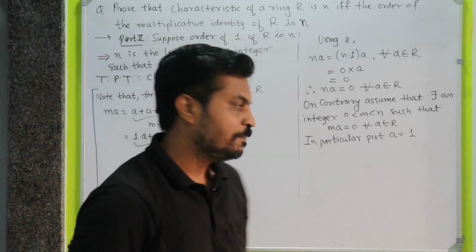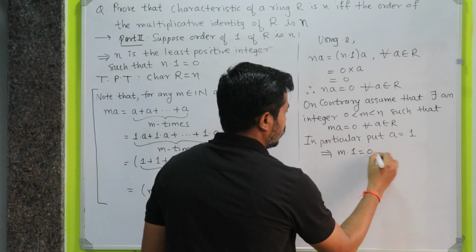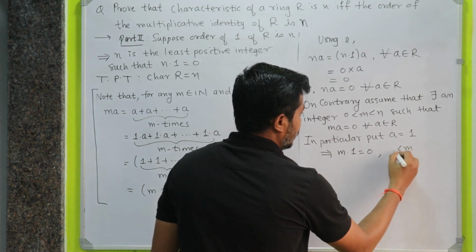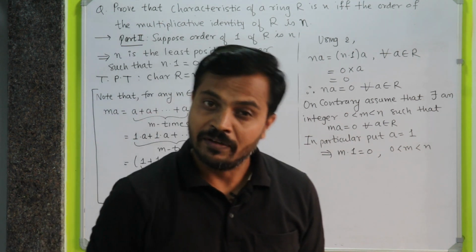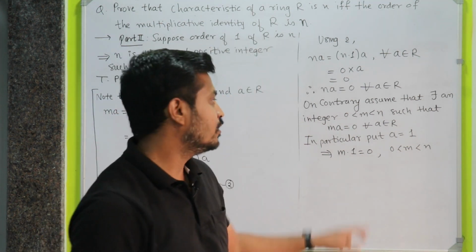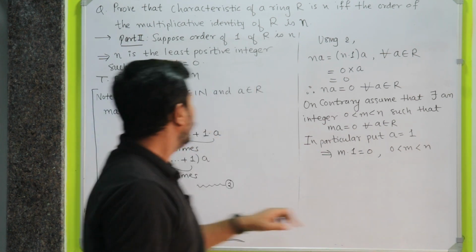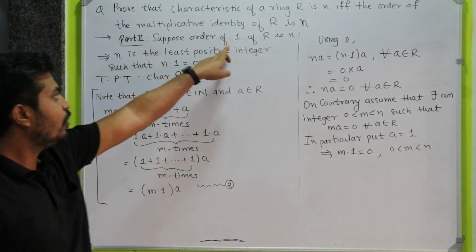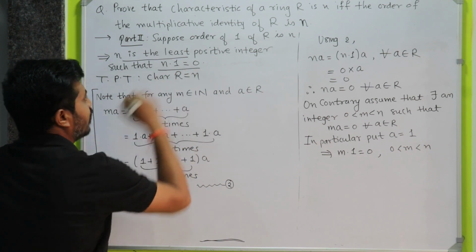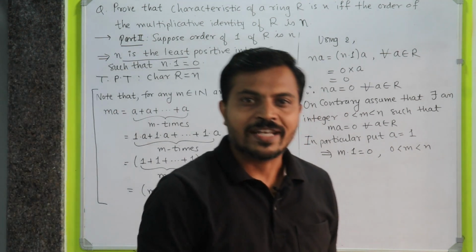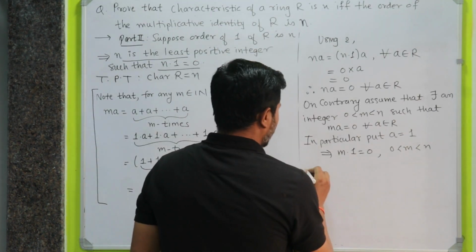So what it will imply? It implies that m dot 1 is actually equal to 0, where m is a positive integer less than n. Is it true? But remember, what we have assumed is that the order of 1 is n, meaning n is the least satisfying this condition, but we got an integer smaller than n satisfying the condition, which is a contradiction.